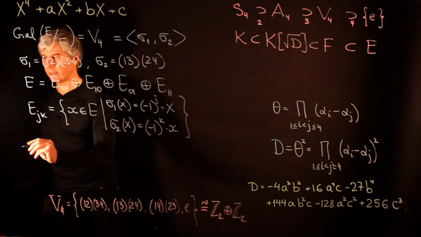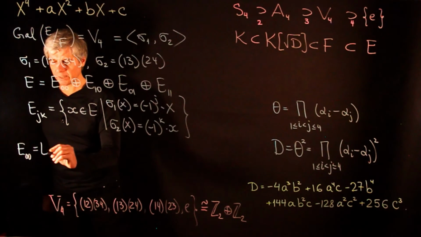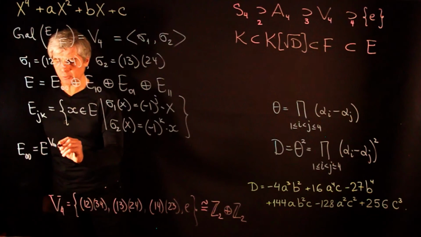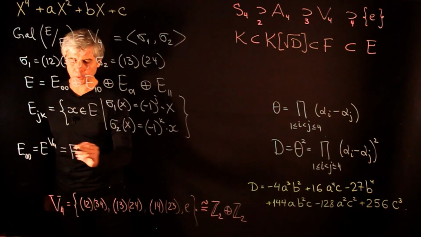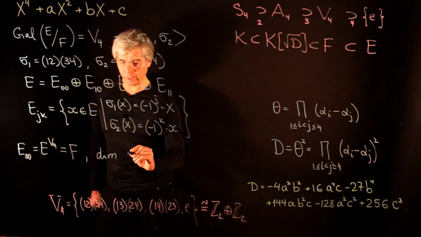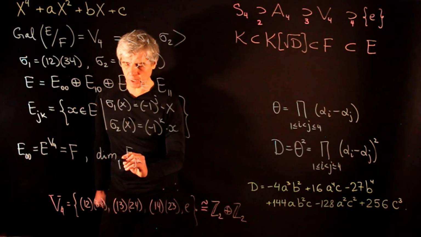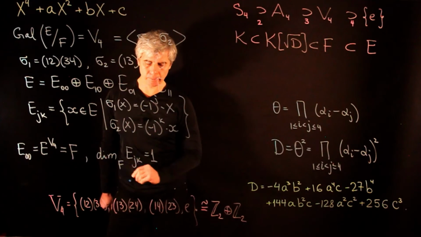So we know that the space E00 is the fixed point set of E with respect to the group V4, so that is equal to F, and the dimension of each component EJK as a vector space over F is equal to 1.